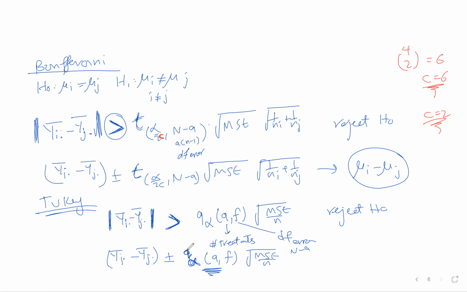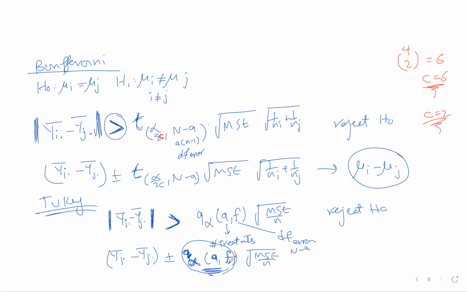Use the one which matches the significance level. In the first row, find A, the number of treatments. And find f in the first column. The intersection is the q value. And MSE comes from the ANOVA table, little n from the number of replicates. This is the contribution of Tukey.